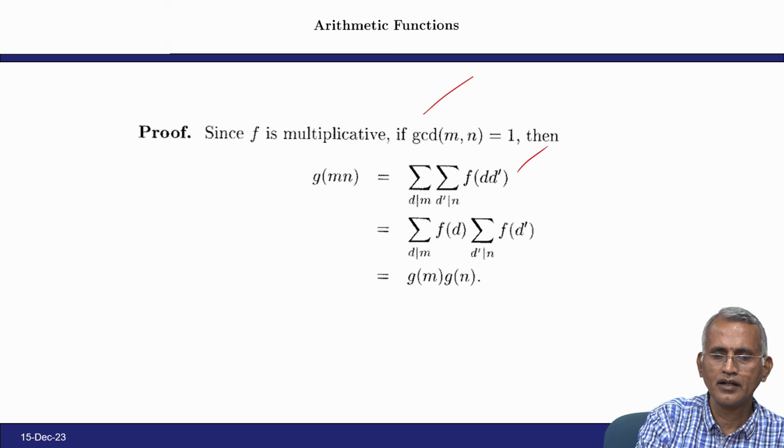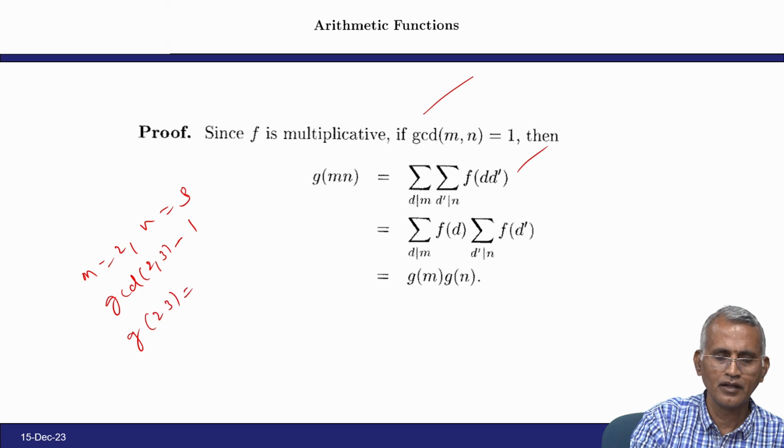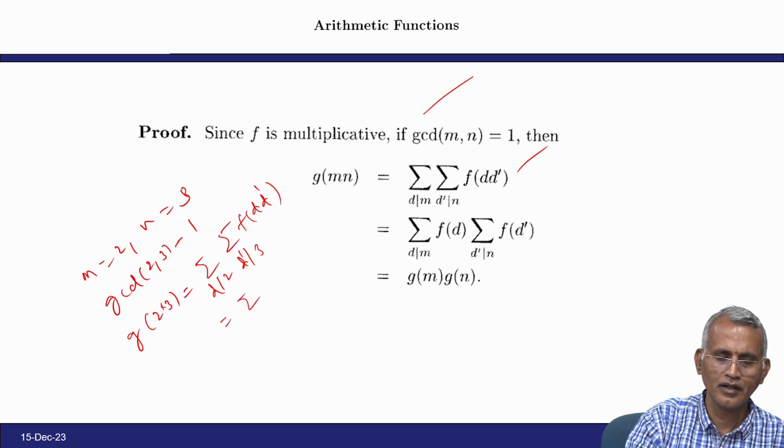So, let m equal to 2 and n equal to 3. Therefore, the GCD of 2 comma 3 equals 1. Therefore, g of 2 into 3 is equal to the summation over d divides 2 and d dash divides 3 of f of d d dash. So, here the summation over d divides 2 is 2 divides 2, and then the summation over 3 divides 3.